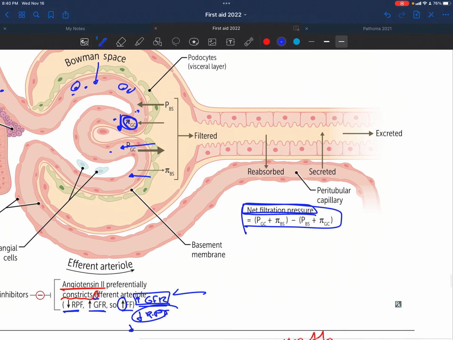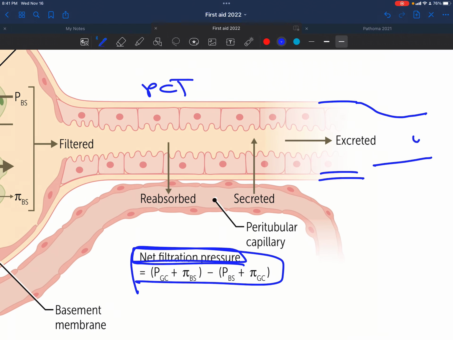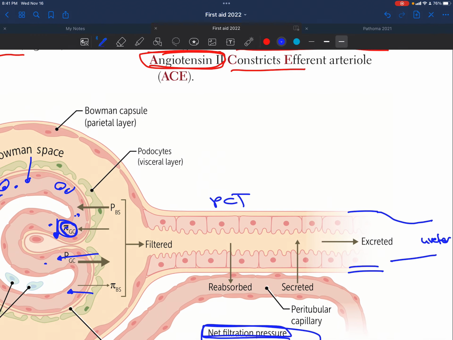So we know that this proximal convoluted tubule is going to the loop of Henle, and then the distal convoluted tubule, collecting ducts, ending up being a ureter, okay? And the ureter expels urine to the outside of the body. So let's suppose that we have a constriction in the ureter or a blockage over here that is not allowing this urine to be excreted.